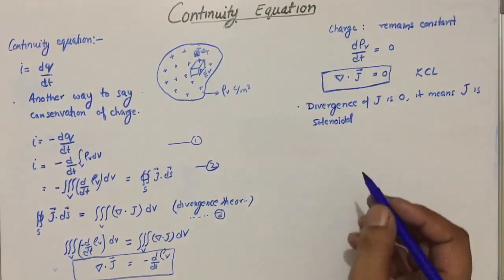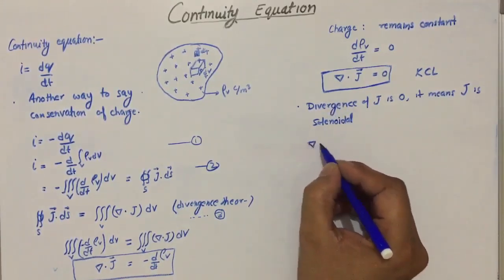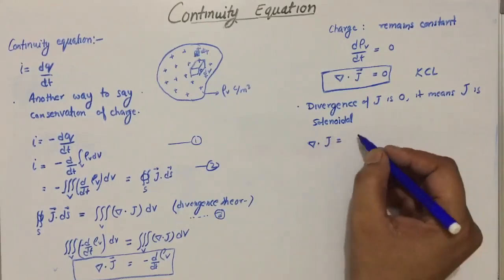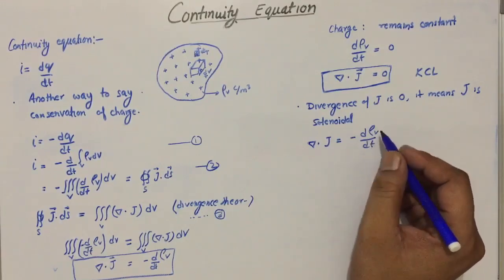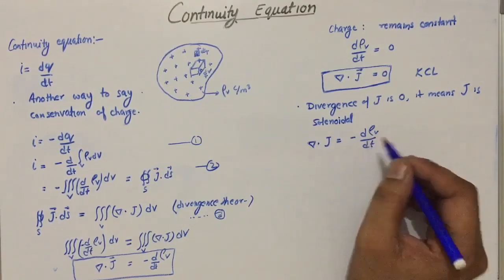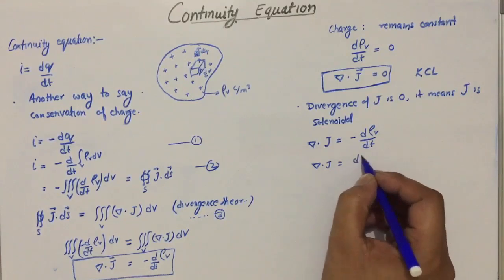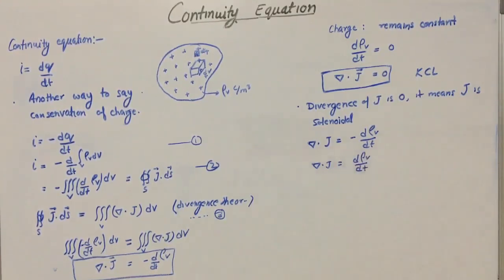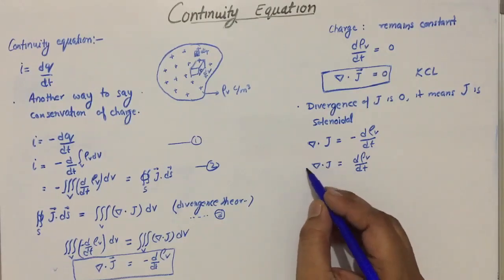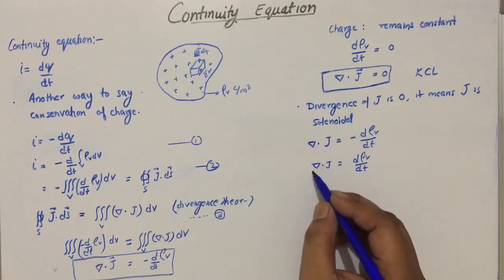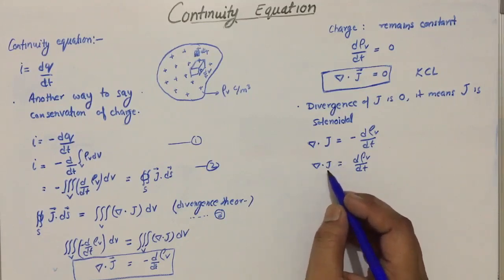Okay, and in continuation of the topic, the divergence of J can be written as ∂ρv/∂t. For the time being, if we consider the absolute value, then we can say it is equal to dρv/dt. This divergence gives you ∂J/∂x plus ∂J/∂y plus ∂J/∂z.